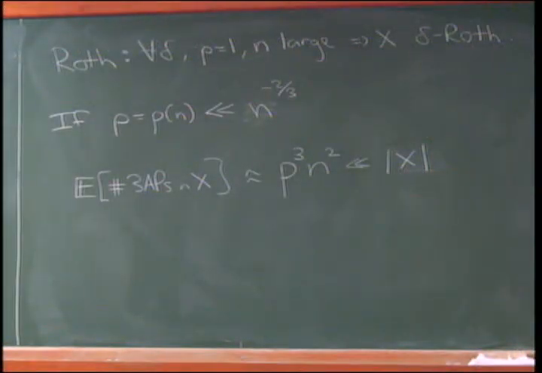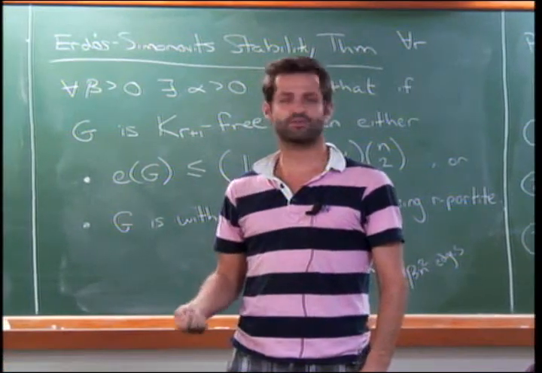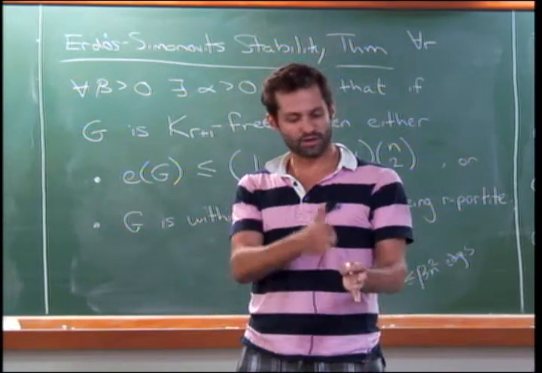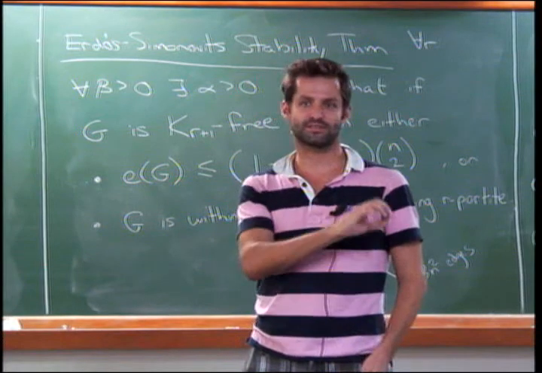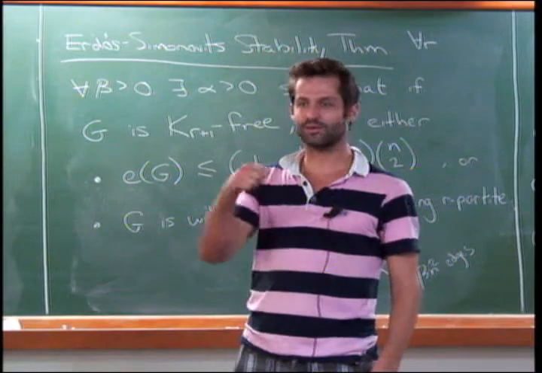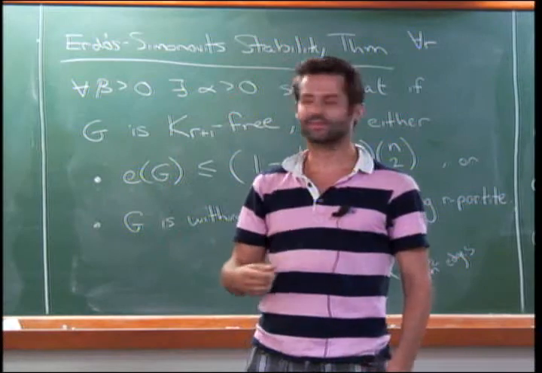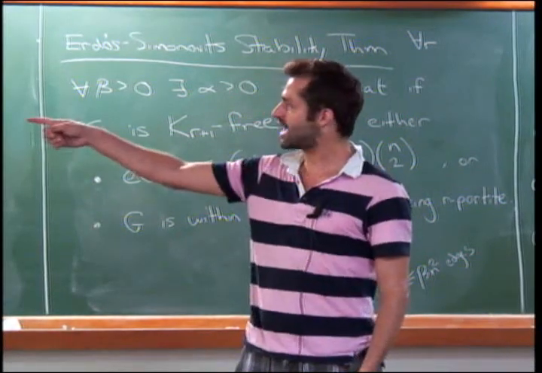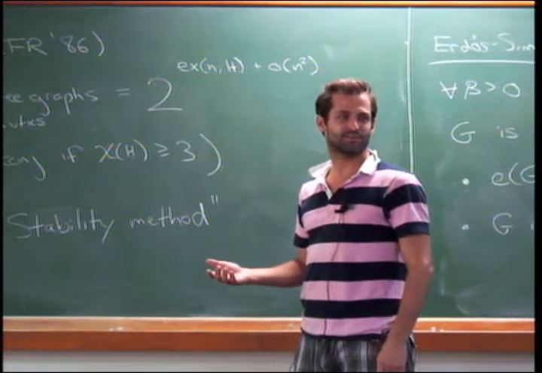You pick your random subset X. It's so sparse that the number of 3-term arithmetic progressions is much smaller than the number of elements. You just destroy them one by one: pick a 3-term arithmetic progression, pick an element, throw it out, and continue until you've destroyed them all. Then you'll have a set A that's a subset of X, which will actually be more than half of X, with no 3-term AP.